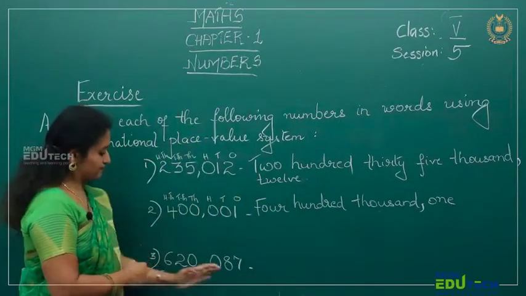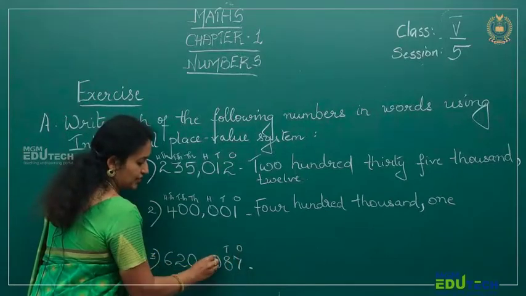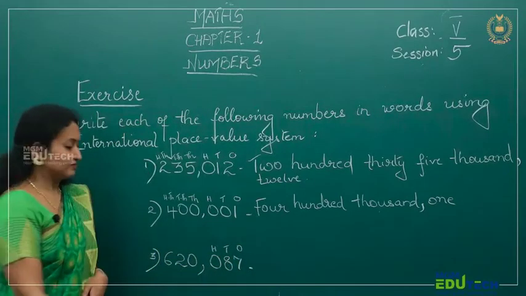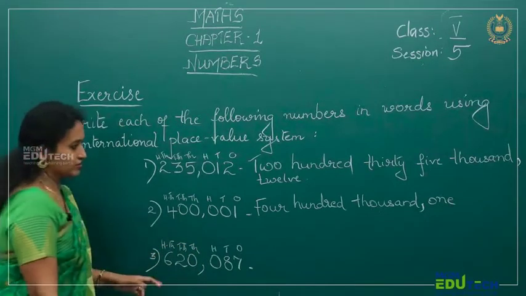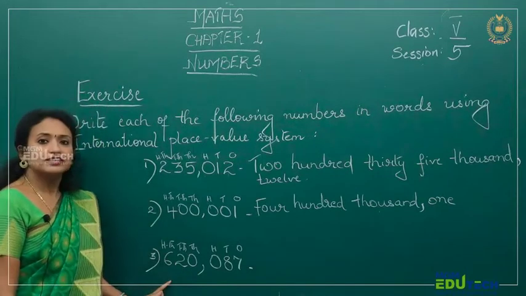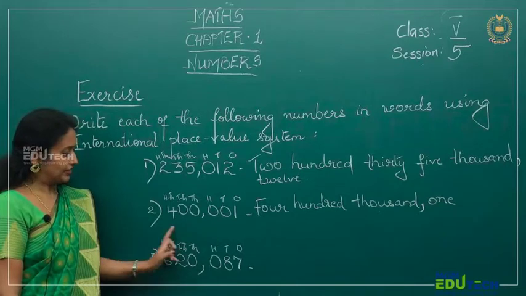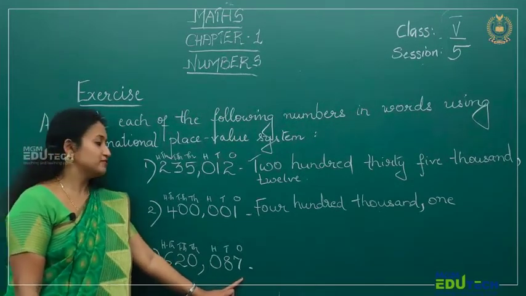So next, again, let's do ones, tens, hundreds. Then you have your thousands, your 10,000 and your 100,000. So what is this number? Yes, it is 620,087. Very good.